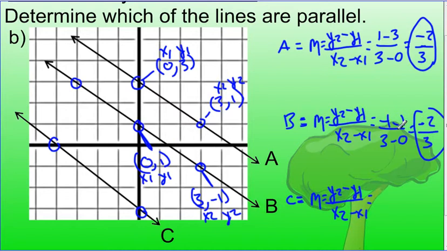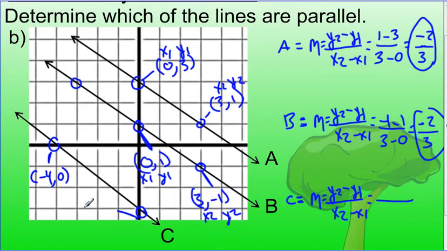But I don't know if letter C might be parallel to those two as well. So let's just see here. Letter C. These are the 2 points we got. So this guy and this guy. This guy is at (negative 4, 0).